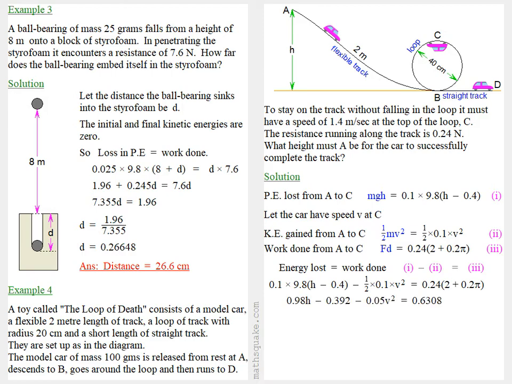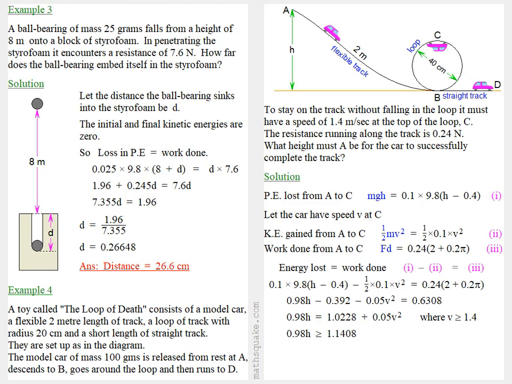Now if we expand the brackets, we get 0.98h minus 0.392 minus 0.05 v squared equals 0.6308. Now that can be simplified to 0.98h equals 1.0228 plus 0.05 v squared, where v has to be greater or equal to 1.4.